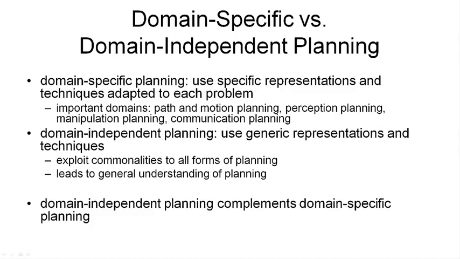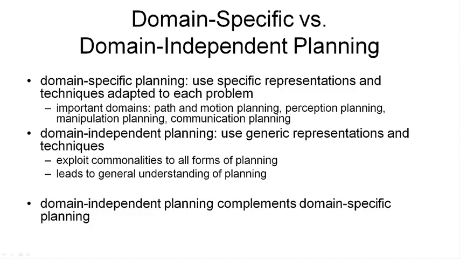Another example is perception planning. If we try to understand a given situation, a robot may have to wander around in a scene and observe different aspects or different angles to understand what is going on. And again, there are highly specific algorithms that have been developed for this type of problem.